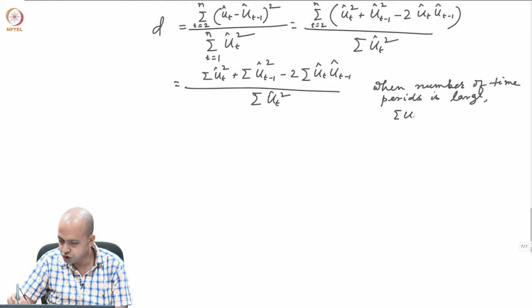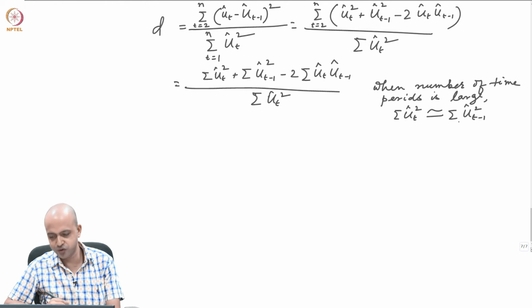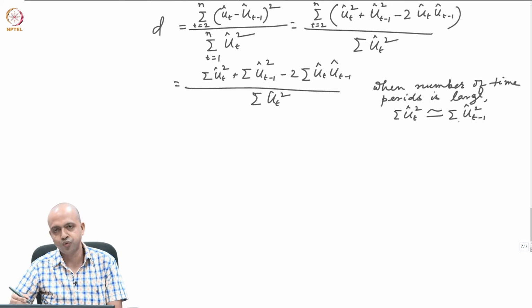Sum of ut hat square is almost like sum of ut minus 1 hat square, because there is a difference only for one observation. So, it is almost equal when your number of time periods is sufficiently large.